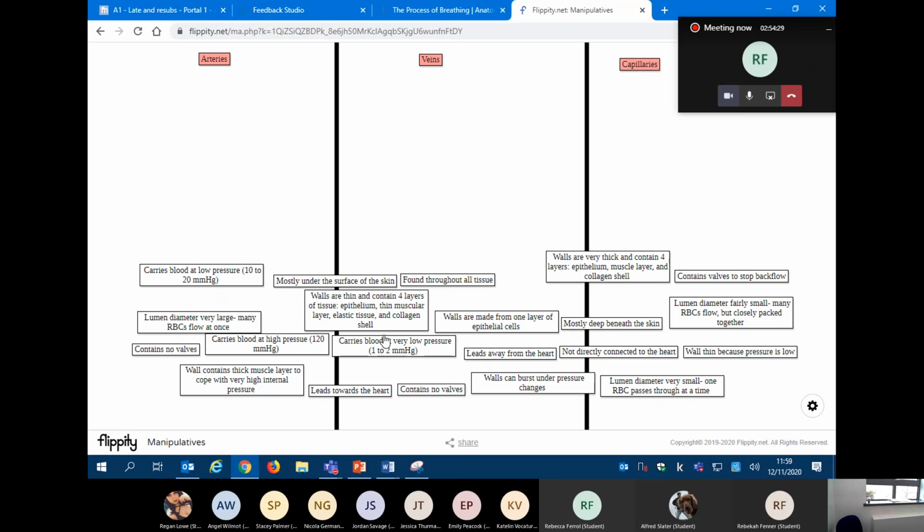Yes, it will be. That's veins there. When this is finished, we'll check it. You can take a picture. There's the pressure change. So that's capillaries, isn't it?